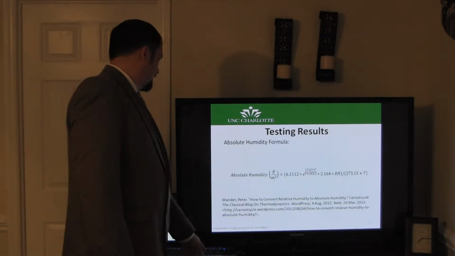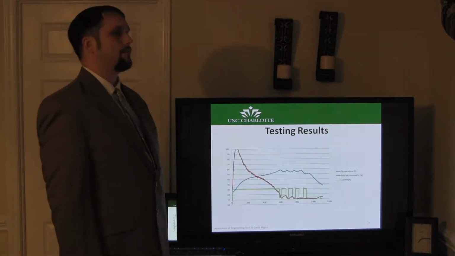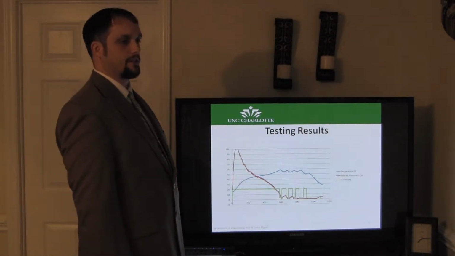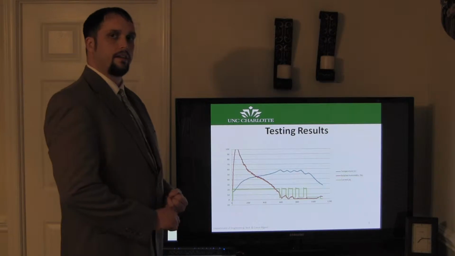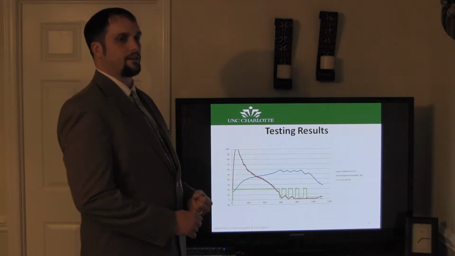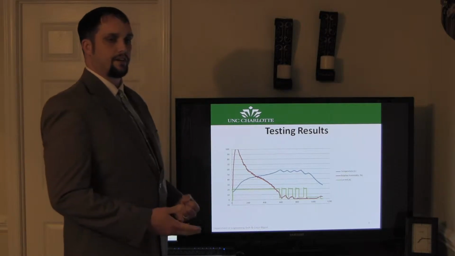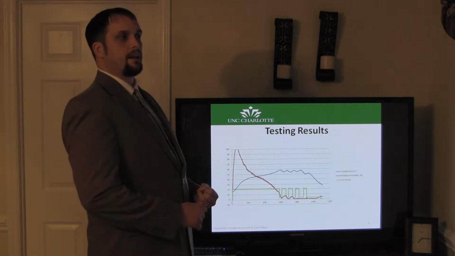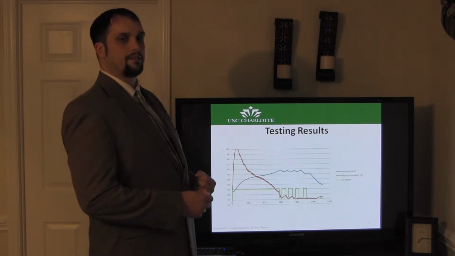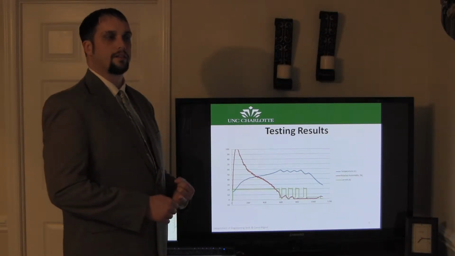So basically, let me go back here. When we performed all these tests on different loads of clothes, we had a blended load of clothes, which consisted of shirts, jeans, and various clothing items. And then we had a cotton load, which consisted of all cotton fibers.